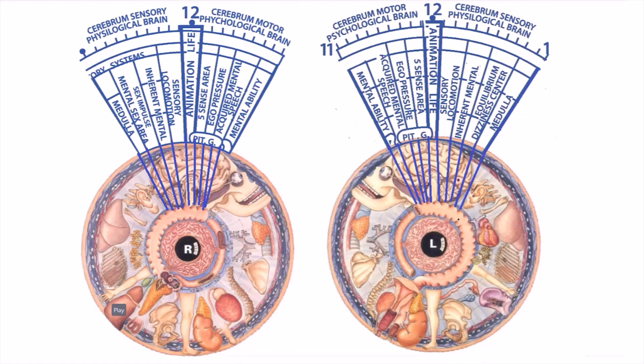So they're both located in the frontal area of the brain, and this one in particular corresponds to the frontal and prefrontal cerebral cortex, the section of the brain where we organize experience, perceptions, and ideas about the world.